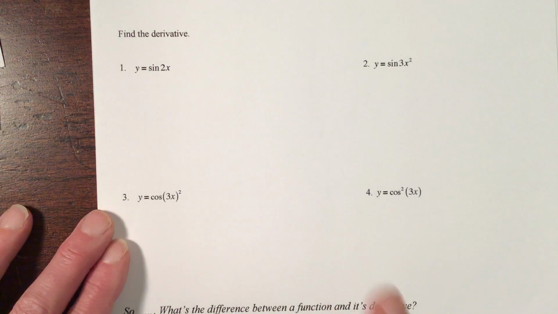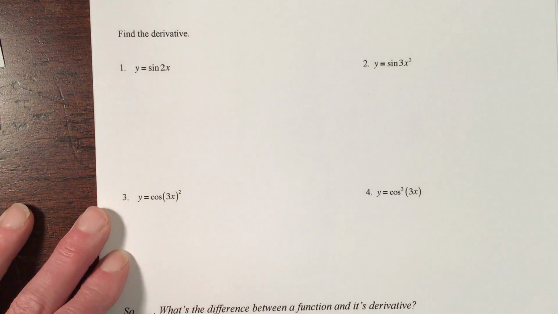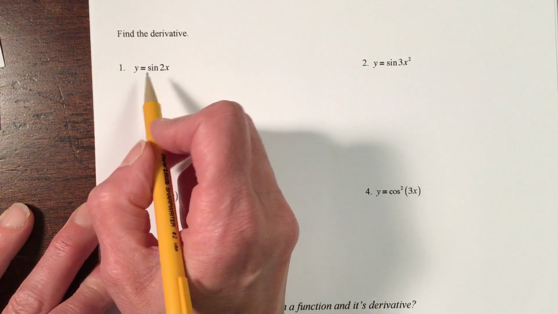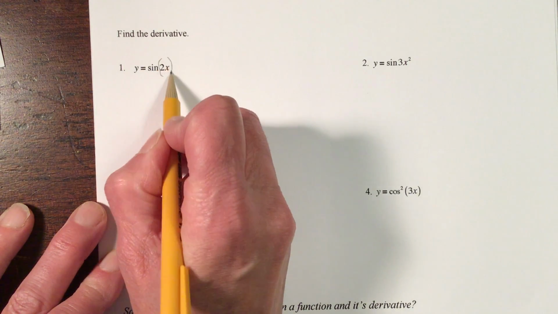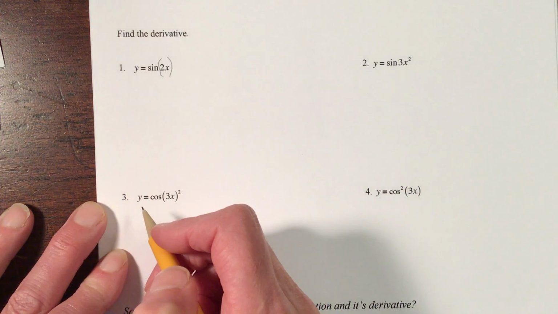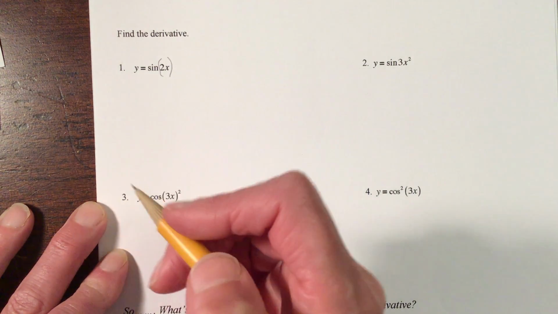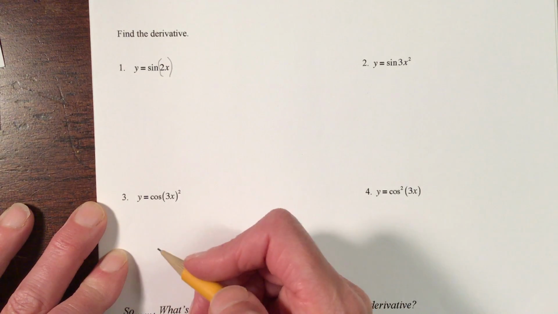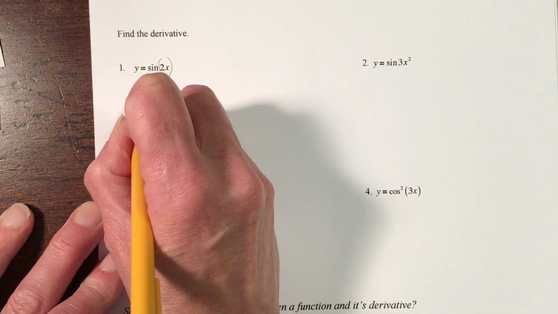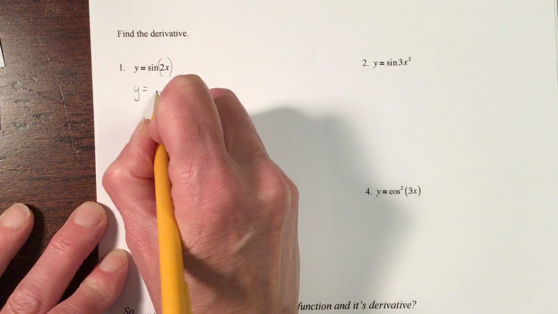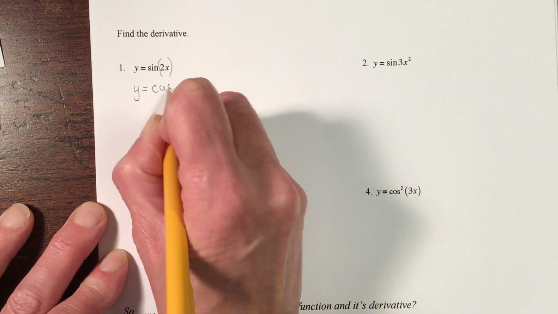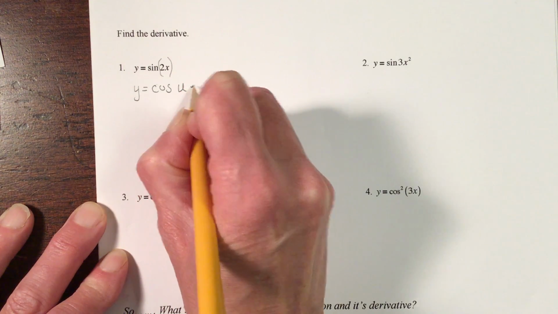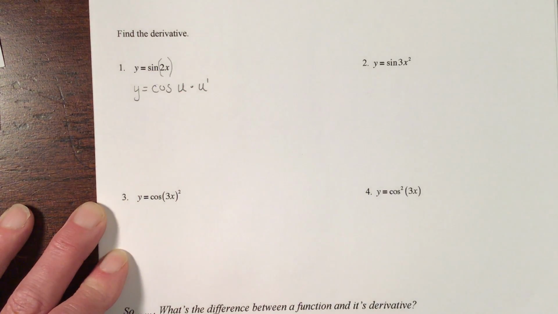So we're going to work through these 4 examples. Find the derivative. So y equals sine 2x. First thing I look at it, I have something more complicated than just an x. So I think to myself, I'm going to use u's. If you want to, when you're first doing these, the derivative of sine would be cosine u times u prime, right?